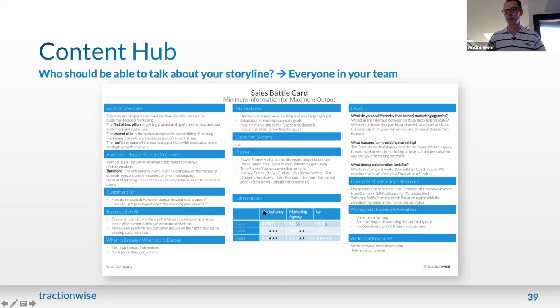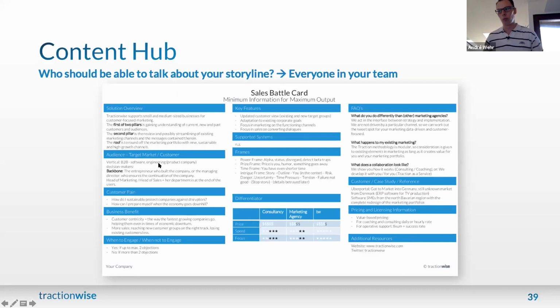You might have some information there. And then gathering some information on FAQs, so frequently asked questions. What are you very often asked, and what is the best answer to that? Having some customer and case study or some reference to that, and maybe, if you like, giving some information about pricing and licensing.